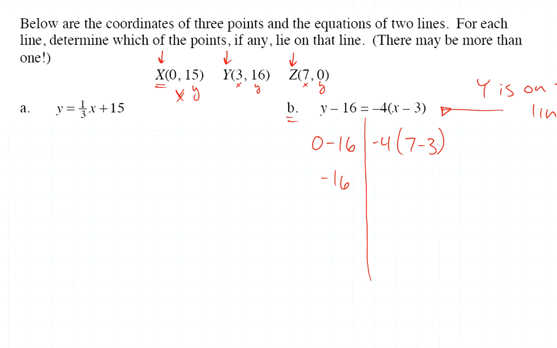No. Actually, 7 minus 3 is positive 4. So this becomes negative 4 times a positive 4, which is negative 16. And since negative 16 is negative 16, it turns out that Z is on this line also. So for B, both Y and Z were on that line. Have fun with part A.